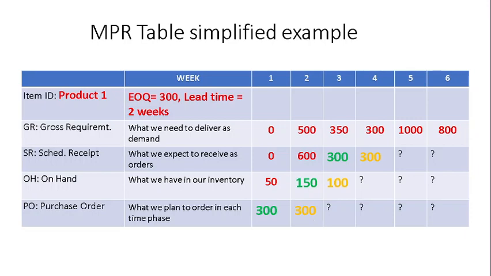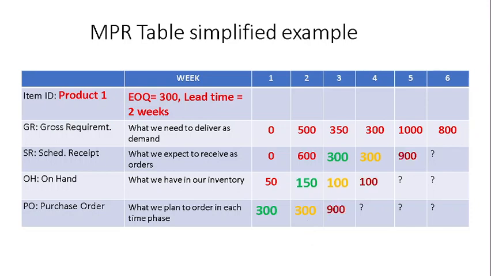I need to follow the economic order quantity, which is the minimum of 300. So in week number 2, I place an order of 300 items, and those will be delivered at week 4 in order to fulfill my delivery need. So as you can see here, the yellow, the orange cells follow the same approach.